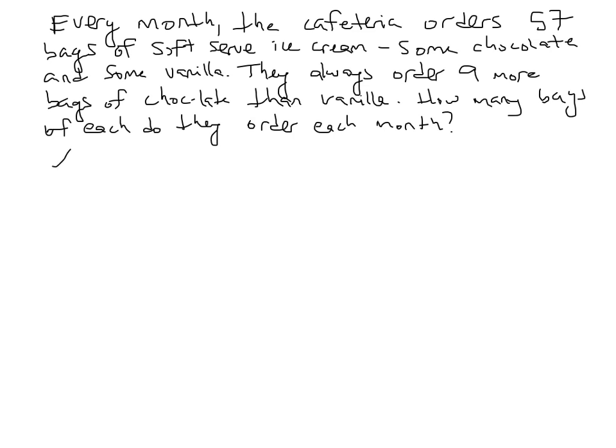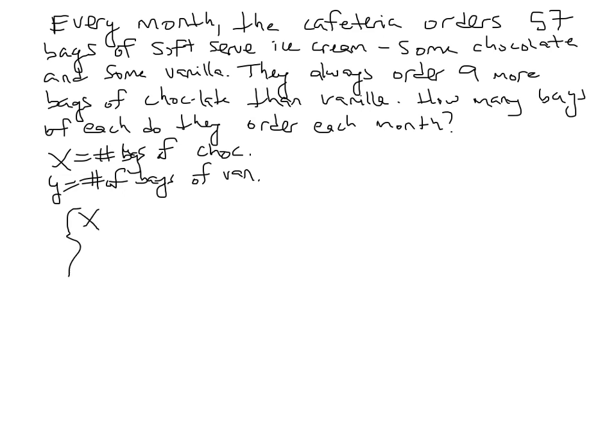So let's define our variables. X is the number of bags of chocolate. Y is the number of bags of vanilla. And what we know to be true is the number of bags of chocolate plus the number of bags of vanilla is always 57.